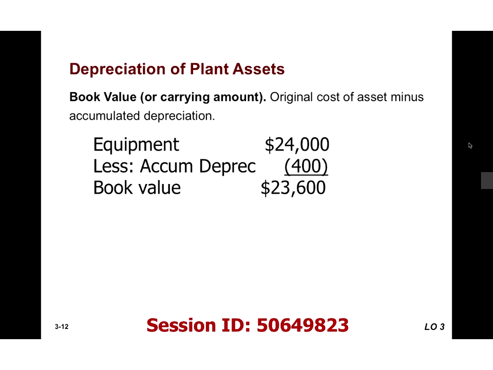And that's about as far as we're going to get into depreciation. So we had some language we need to know. We need to know that accumulated depreciation is a contra asset. When we do depreciation, it all goes into accumulated depreciation. Then we can take the original cost of the asset minus the accumulated depreciation, and you get its book value or carrying value.